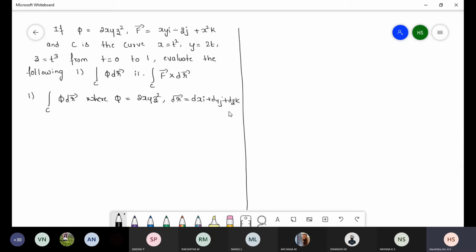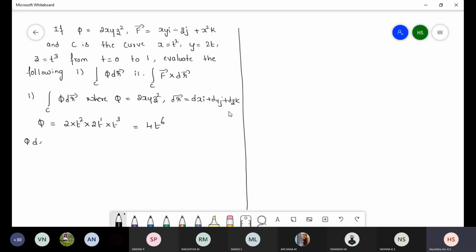Here they have given x, y and z values. So I will substitute phi is equal to 2 into x value t square, y value 2t, and z value t cube. So I will get 4 into t power 3 plus 1, 4, 4 plus 2, 6.